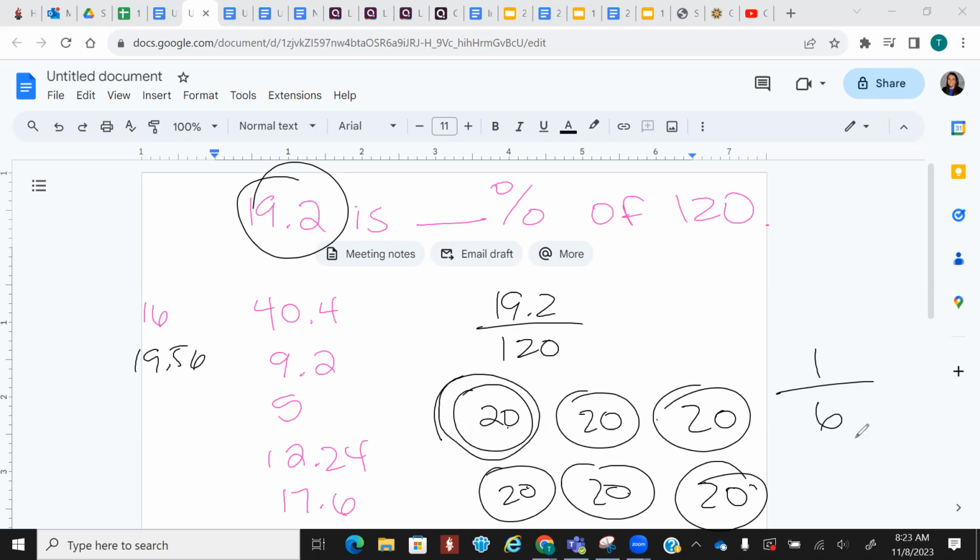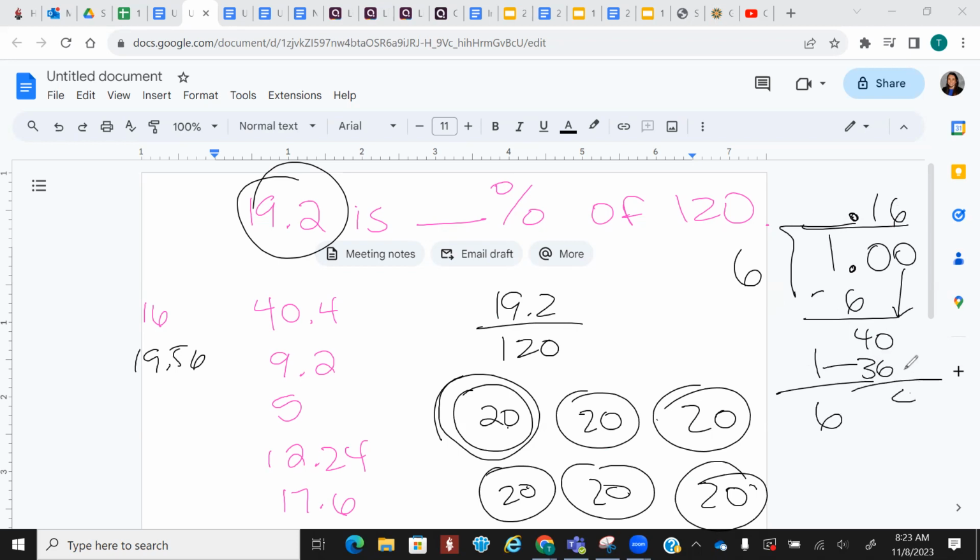Well, I can do that division now. We're dividing 1 by 6. We're going to add the decimal place, add the 0. What times 6 would give us 10? It would be 1. What times 6 would give us 40? 6 times 6 would give us 36, and that would repeat. It would be 16% of 120. Again, I did a rough estimate on this one. However, if you type 19.2 divided by 120 into your calculator, you're going to get 0.16.